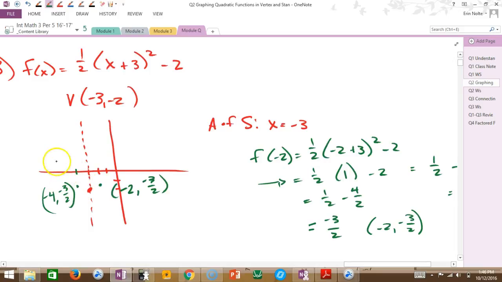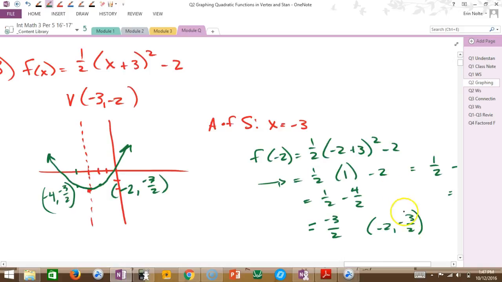What's negative? The A value is positive. There's not a negative in front. The only way for the parabola to go upside down is if it was a negative 1/2 on the original equation. So even if the point is negative, you go up. That's just literally the point.